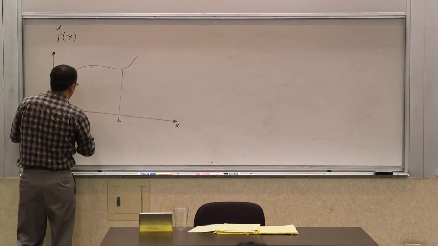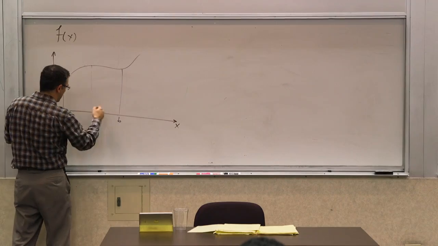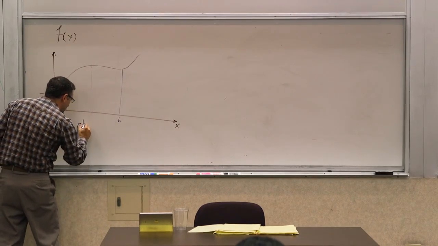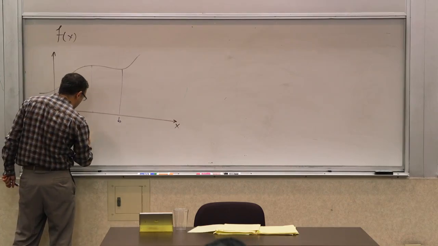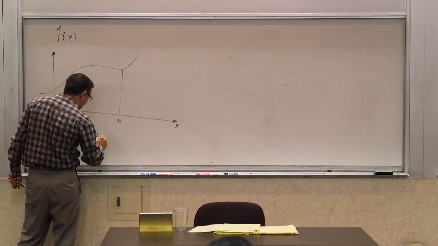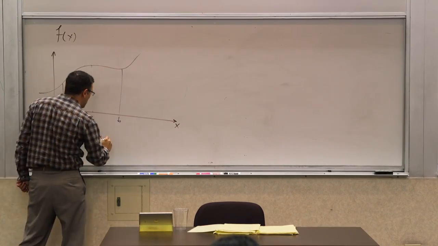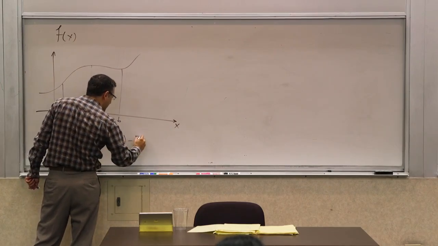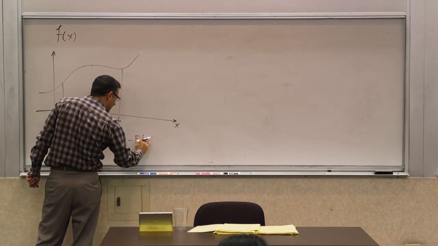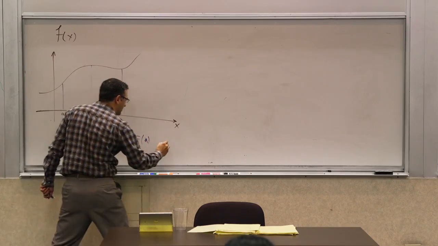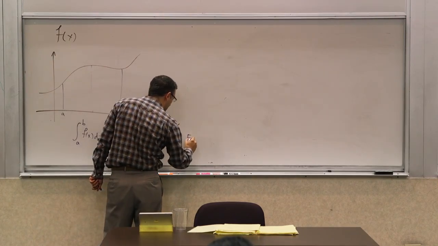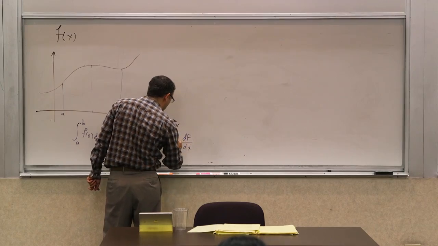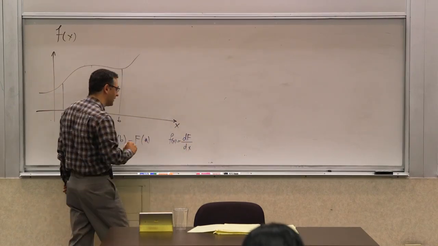It says that the area underneath this curve, which is shown symbolically by this symbol, the integral from A to B of f of x dx, is equal to capital F of B minus capital F of A, where the derivative of capital F with respect to x is f of x, where f of x is the derivative of capital F.